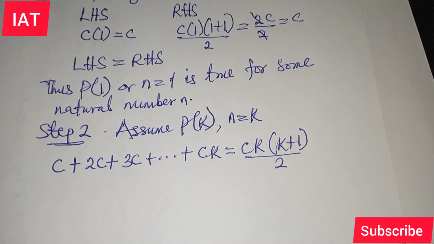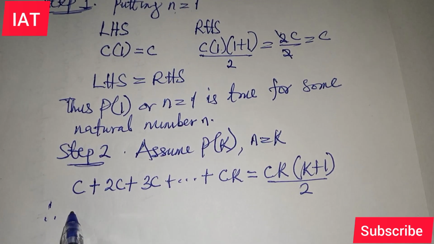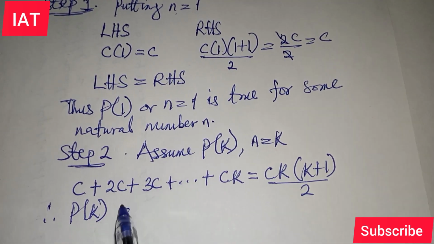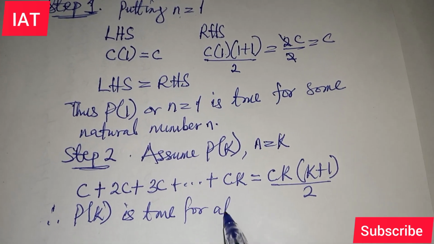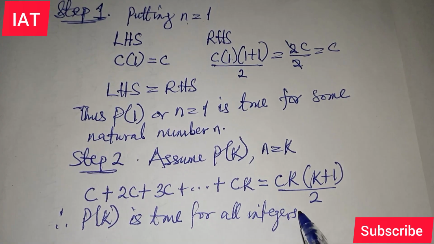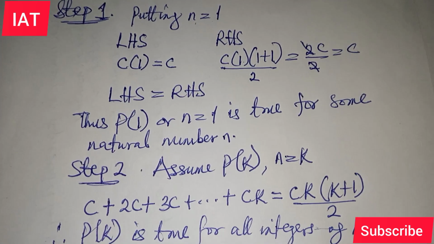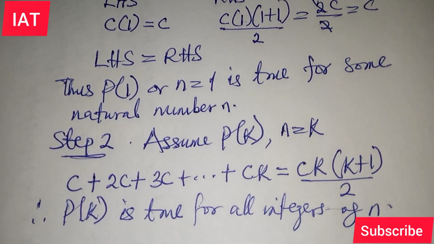Alright, so when you're done with this, it means that we need to make some sort of conclusion. P of k is true for all integers of n. Alright, so the next thing we want to do now is to go straight to the next step, which is step 3.